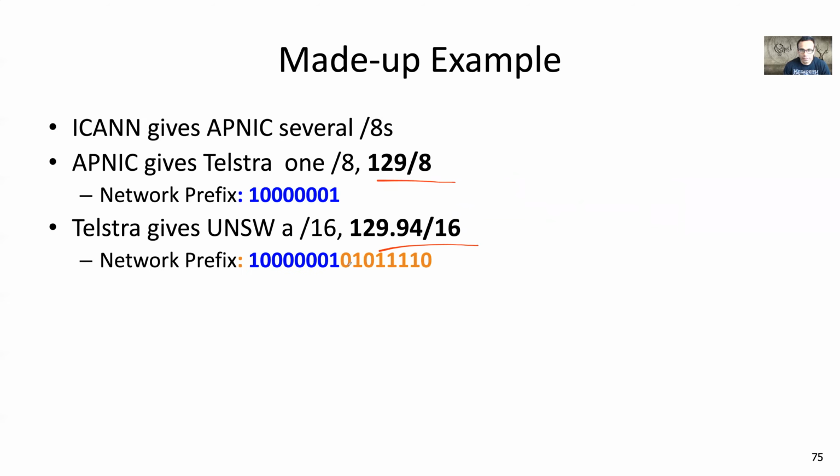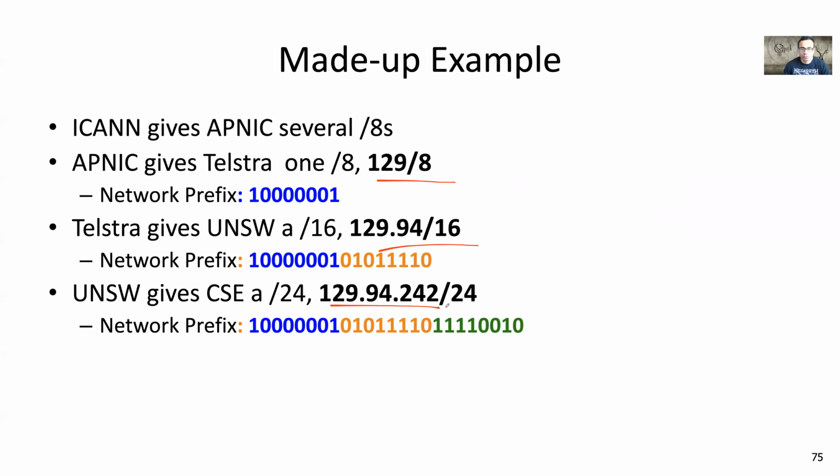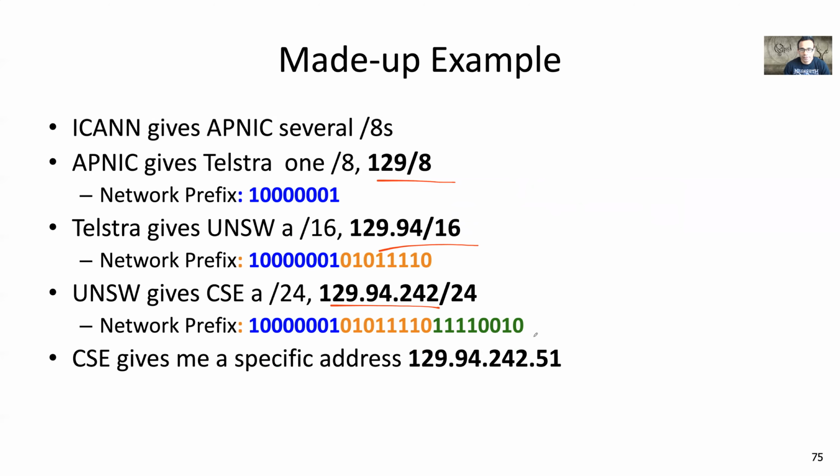So that means that those 16 bits are always the same for any UNSW address. And then UNSW could give CSC, say a /24 block, which would mean those 24 bits are always the same for any machine in CSC. And let's say that's my specific IP, right? So that's showing you the entire hierarchy right up to the top.